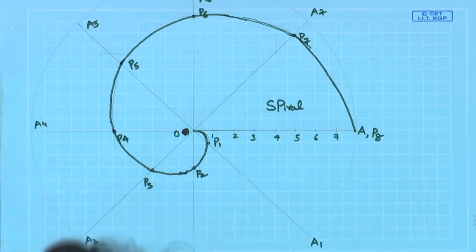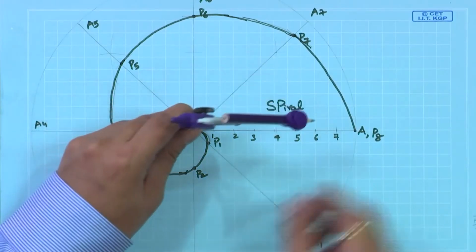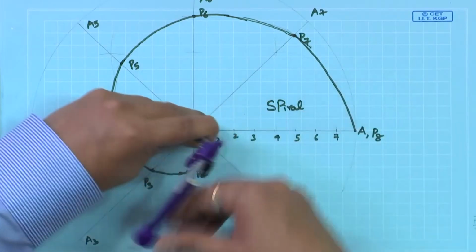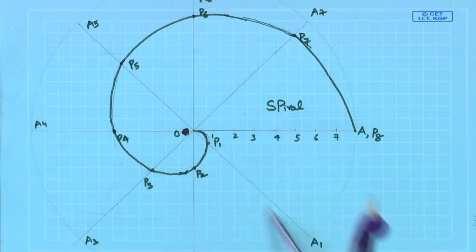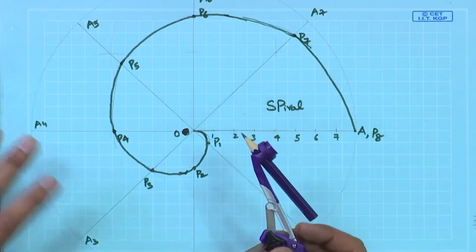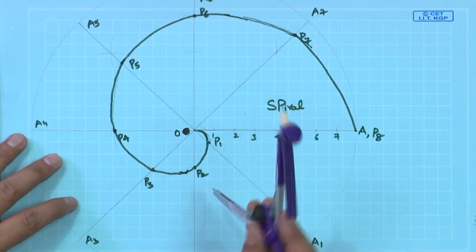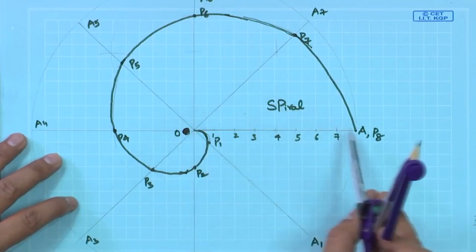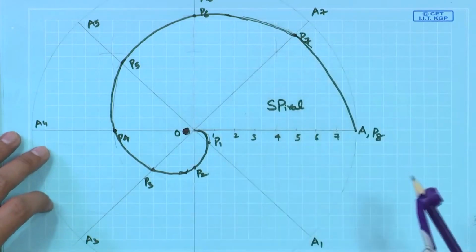Let us begin this step once again. First of all, using the radius O, we have to construct a circle in that way. Then divide this circle into 8 equal parts, 16 equal parts, 24 equal parts and so on, based on the smoothness how much we require. Once it is done, O to A we are going to divide into the same equal number of parts what we have employed for the circle.